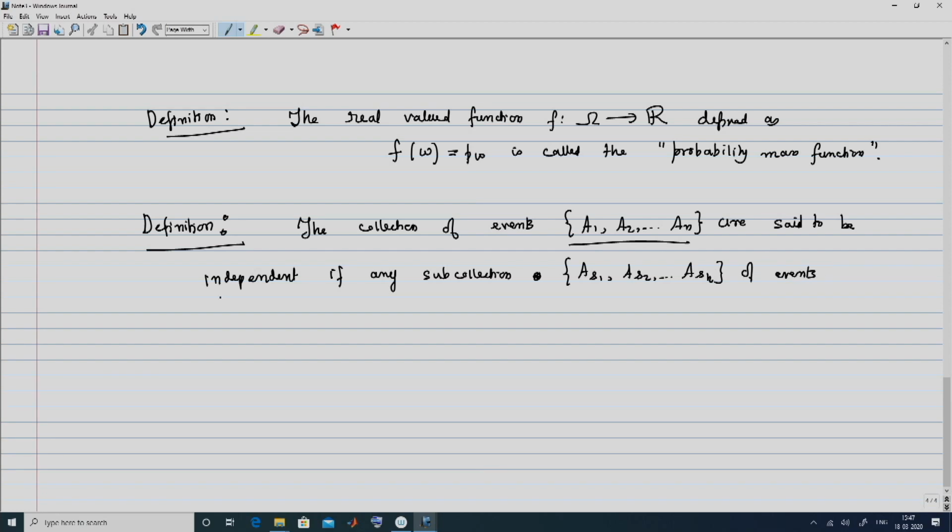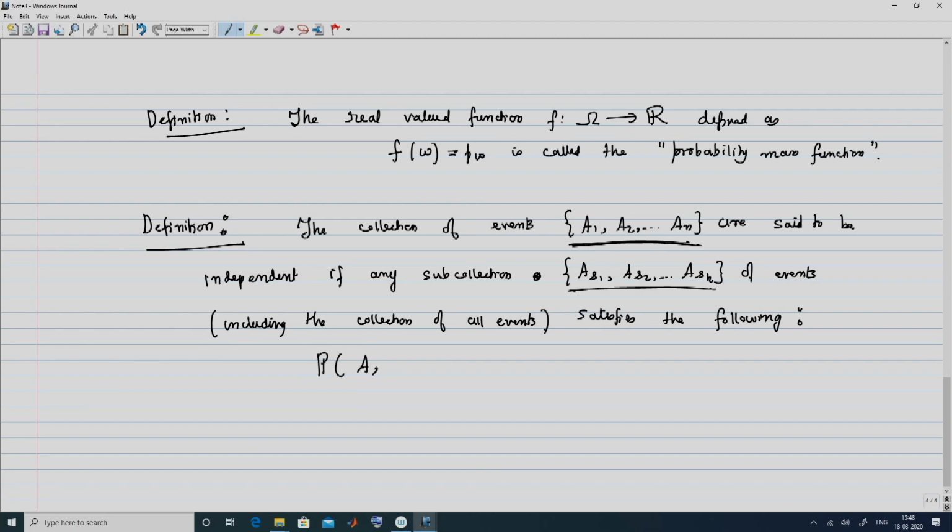so that means there are some number of members, including the possibility of course of the collection of all events, satisfies the following property: the probability of the intersection of AS1, AS2 all the way to ASK is simply going to be the product of the probabilities of ASI, I equal to 1 to k.